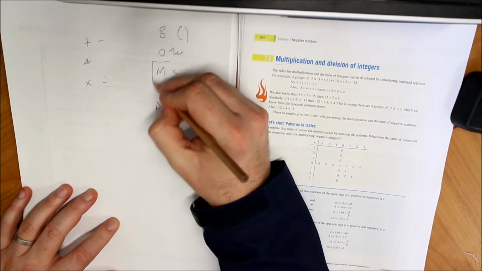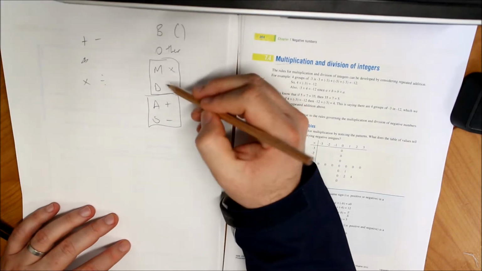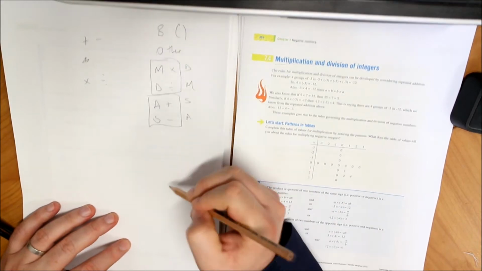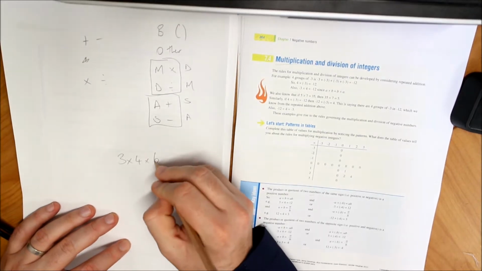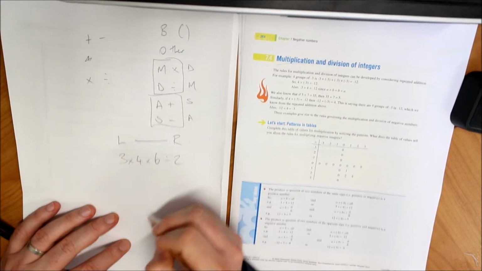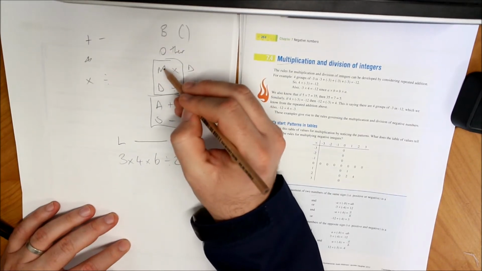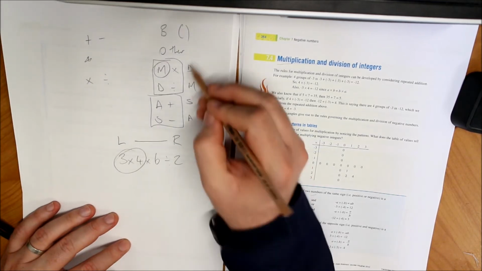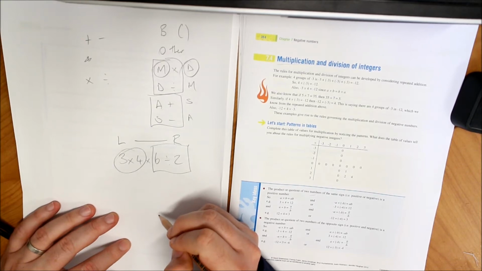Don't forget that these two here and these two here can be in any particular order. So the D could be here and the M could be here. Likewise, the S could be there and the A could be there. So when we get into a situation where we have 3 times 4 times 6 divided by 2, you work from left over to the right, rather than saying, oh well, my teacher taught me to do BOMDAS, which means that multiplication comes first, but my teacher taught me to do BODMAS, which means that I have to do this part of the sum first.